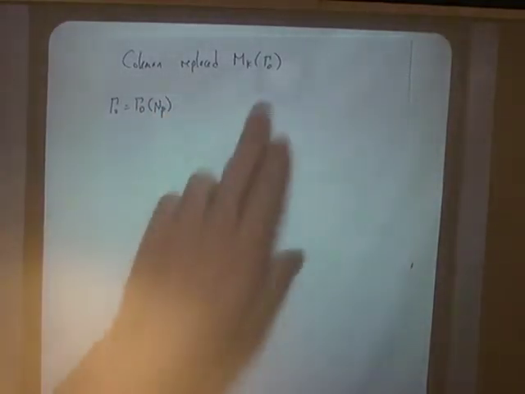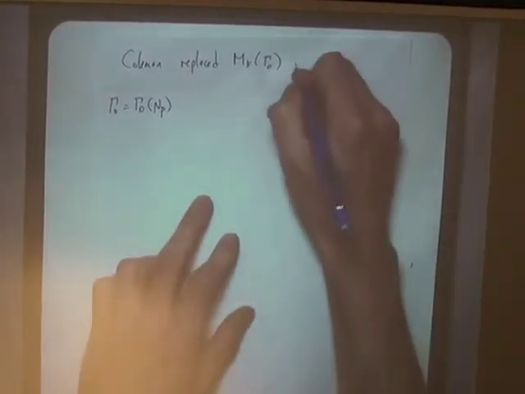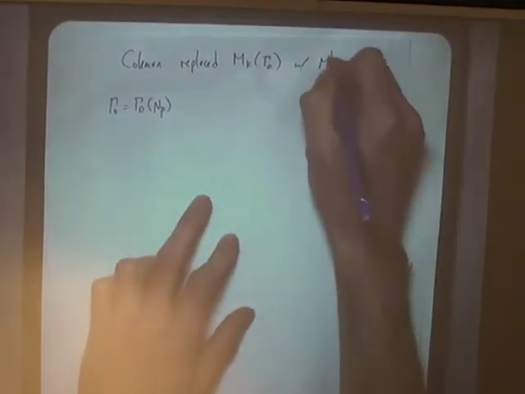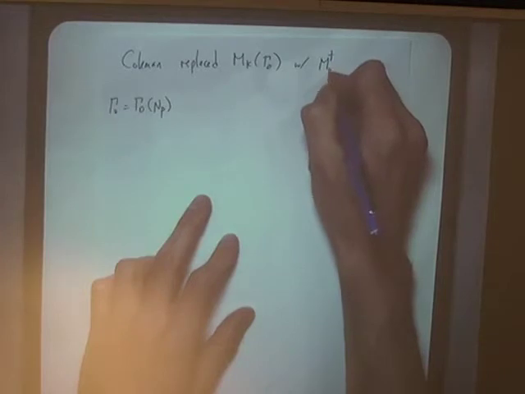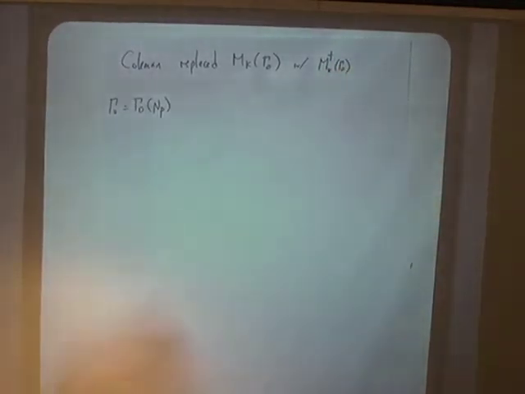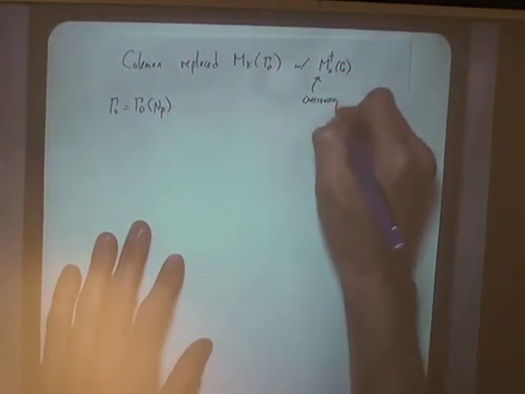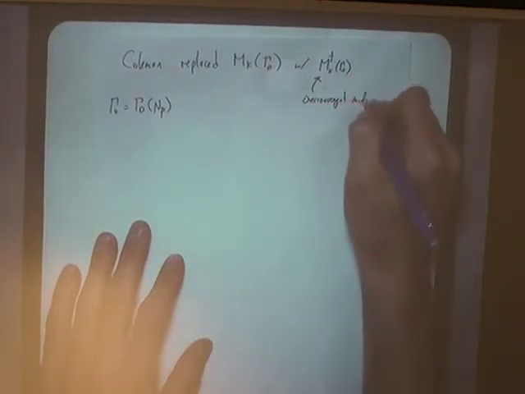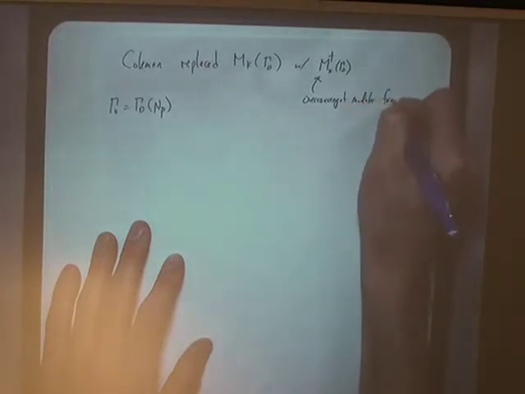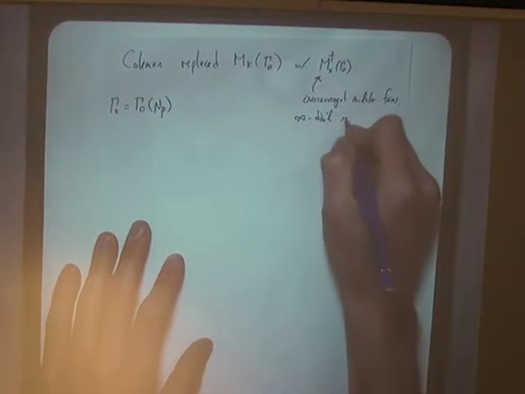Replace this space whose dimension varies with k with M_k^†(Gamma_0). This is the space of overconvergent modular forms, whatever that is. And this is some infinite dimensional space.